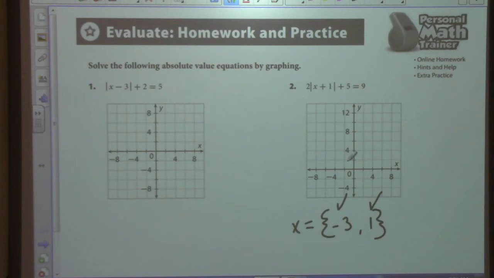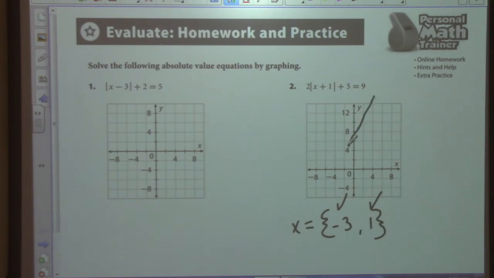So we have -1, 5. Is that our vertex? Yes. -1, 5, right? And then we have our slope of 2 over 1, so we can go up 2. So the slope would be something like this.